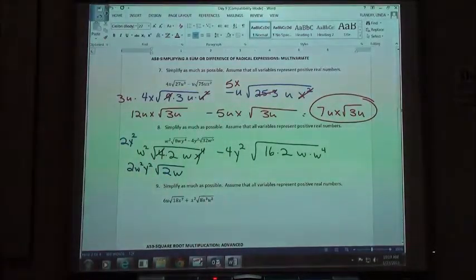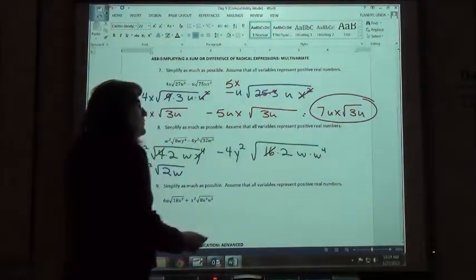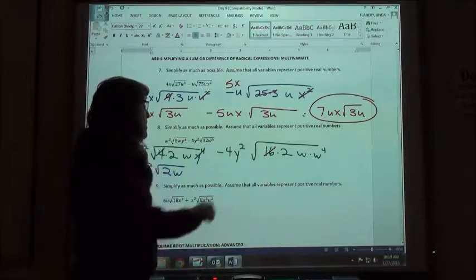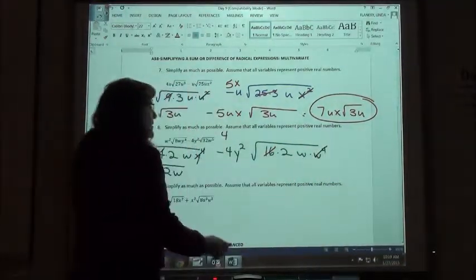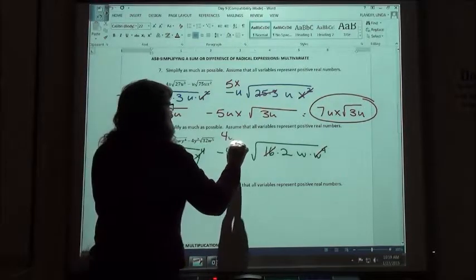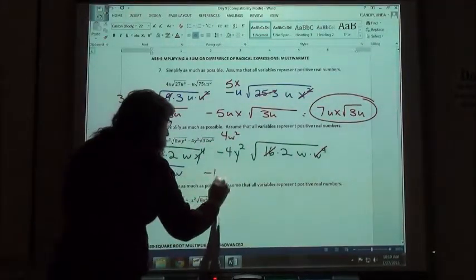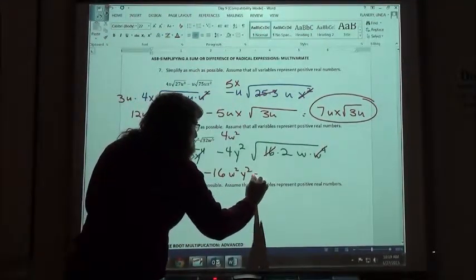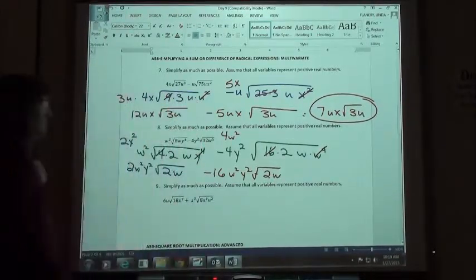So I can take out my square roots. The square root of 16 is 4. The square root of w to the 4th is w squared. So I have 4 times negative 4, which is negative 16, w squared y squared, square root of 2w.